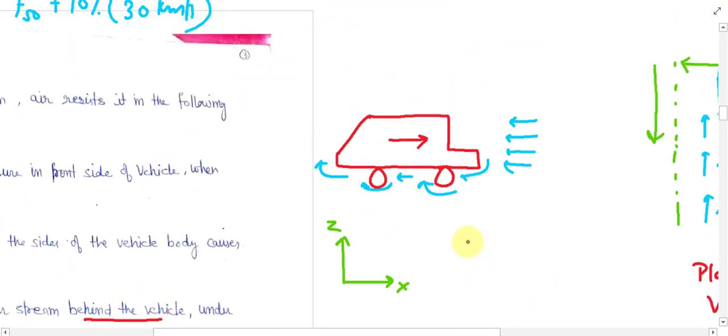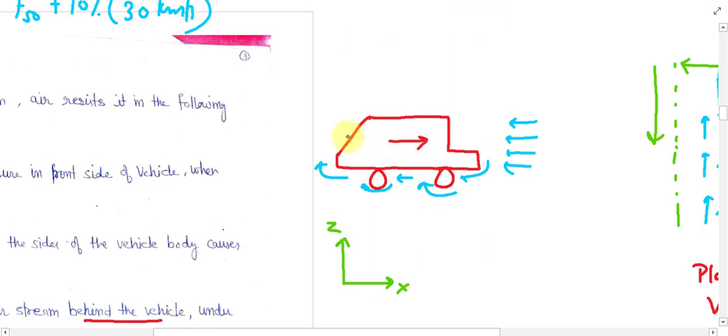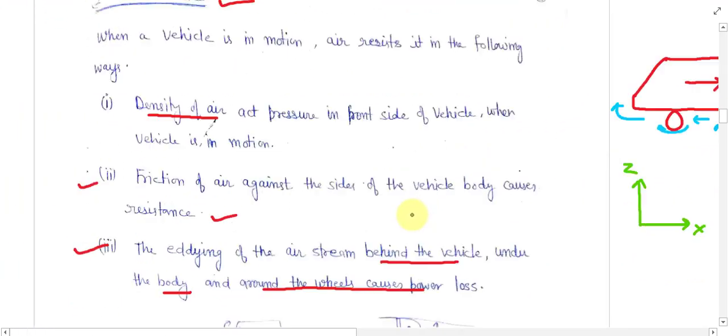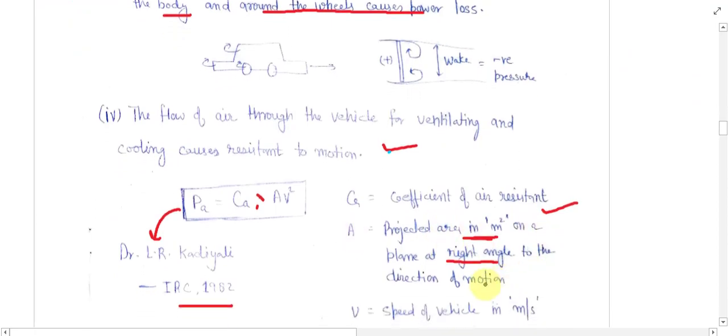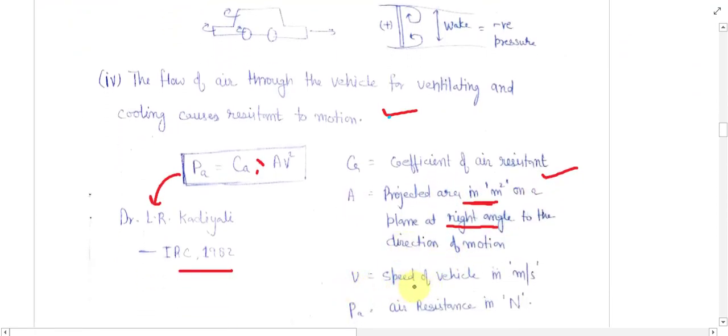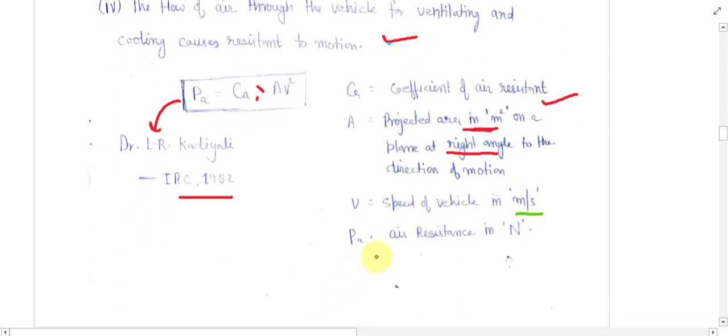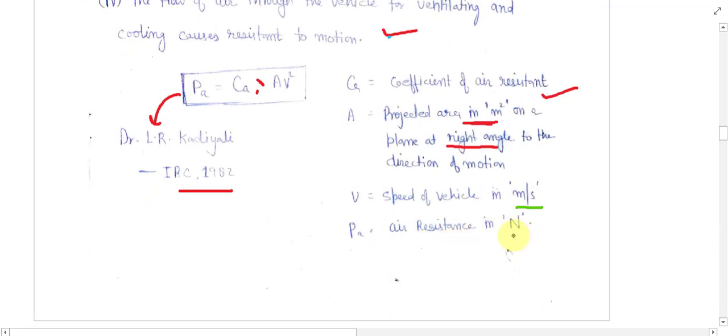So this is your direction of motion. So this plane is 90 degrees to the direction of motion. On this plane the frontal air acts. So basically this is that area. V is the velocity of vehicle given in meter per second, and PA is the air resistance in Newton.